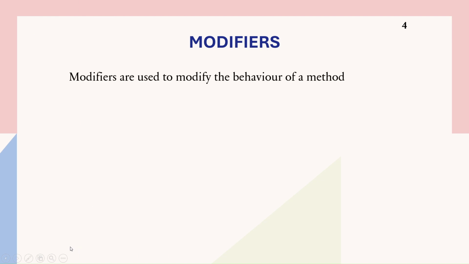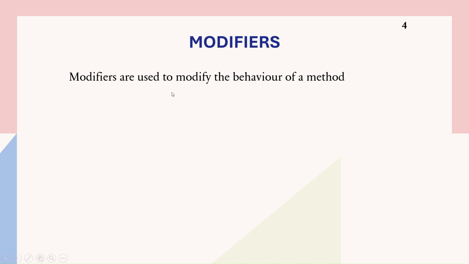modifiers in Java. Basically, modifiers are used to modify the behavior of a method. Means how your method behaves depends on modifiers. If you want to identify what type of method you wrote, or if you want to see someone else's code and what type of method they are writing, you just take the modifiers they are using, like public static, public void.